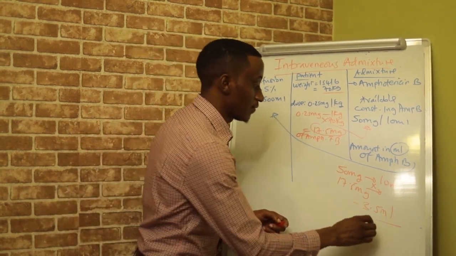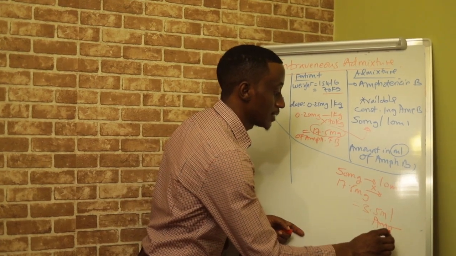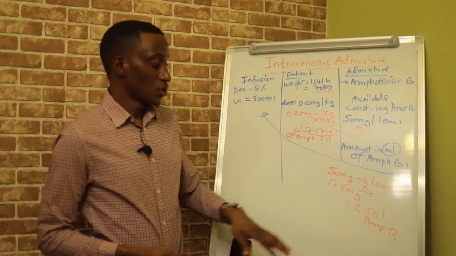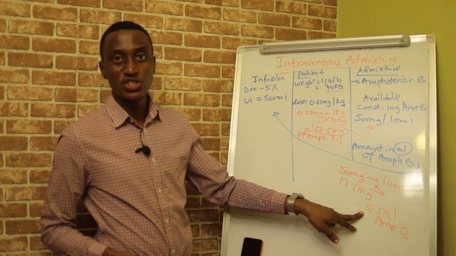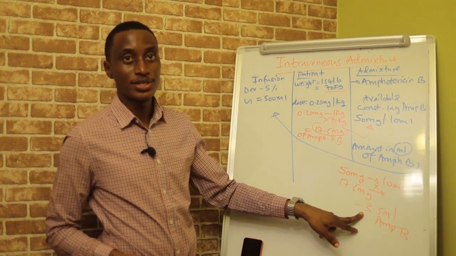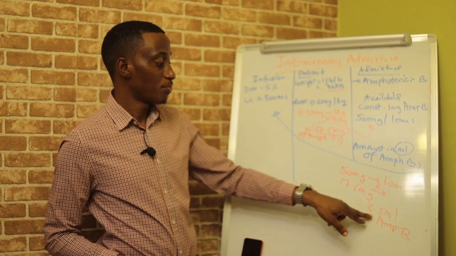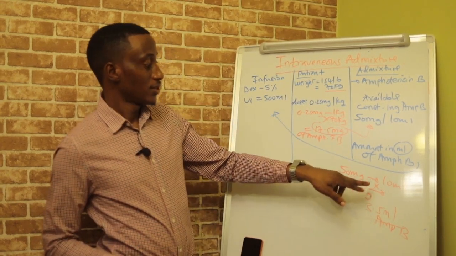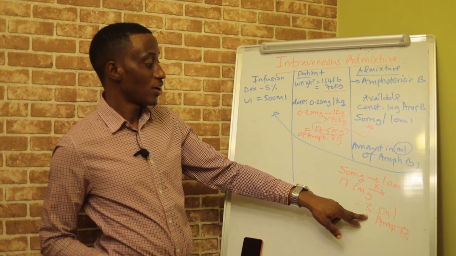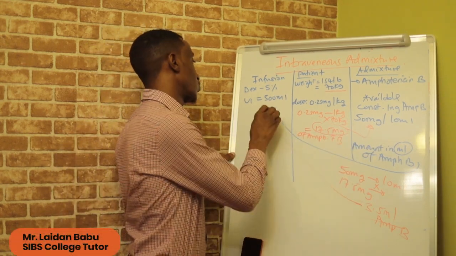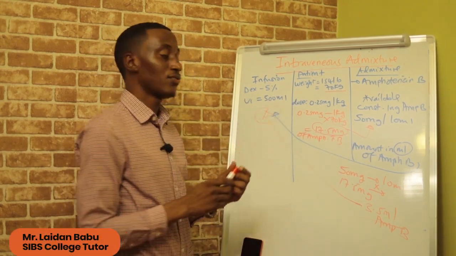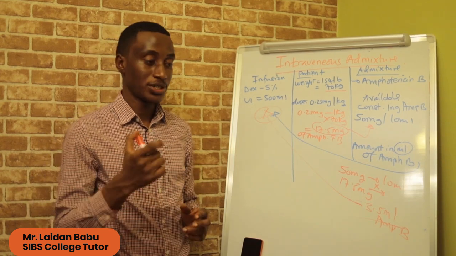We have got 3.5 mils of amphotericin B. So take a syringe, maybe a 5 cc syringe, then draw 3.5 mils of amphotericin B from this injection and deliver it into this infusion, and thereafter run the infusion to the patient.